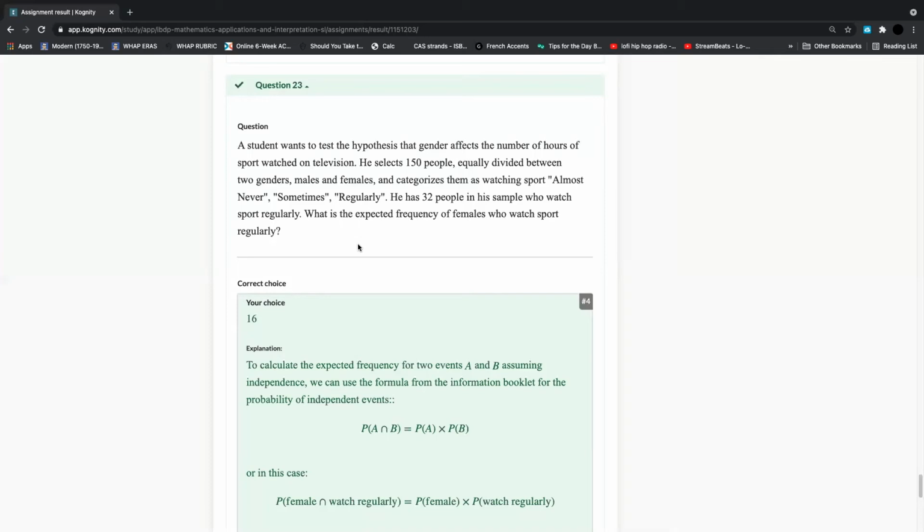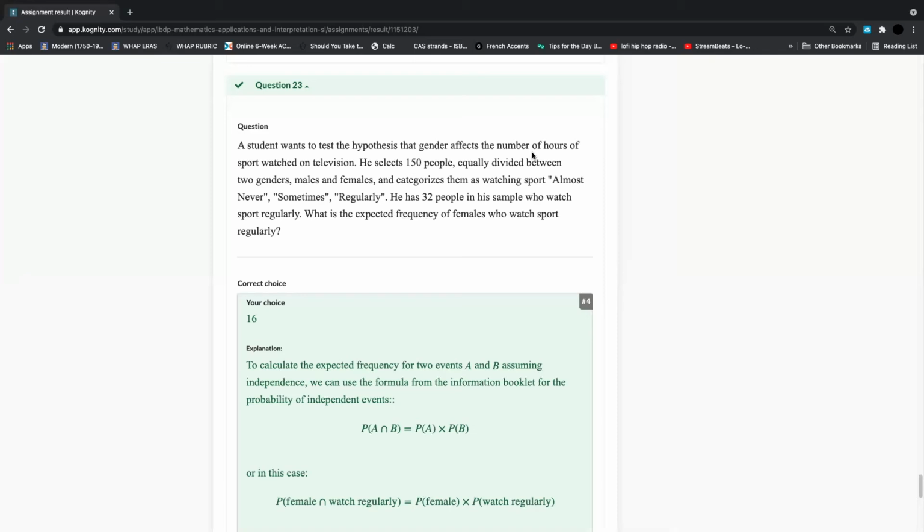The next value you multiply, also in parentheses, is the number of females. Since the question tells us the sample is equally divided between the two genders, you divide 150 by 2, which is 75.